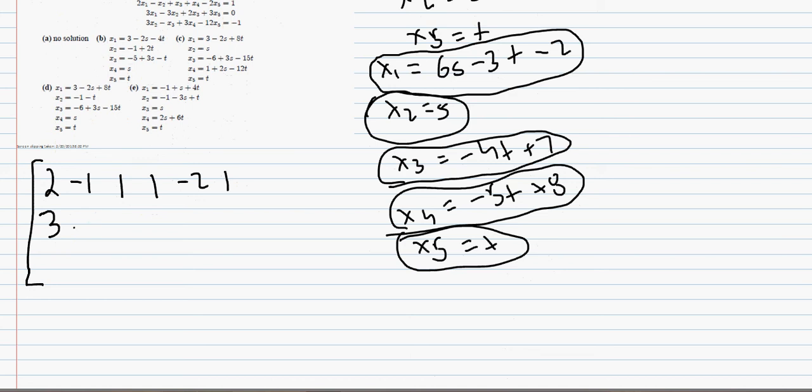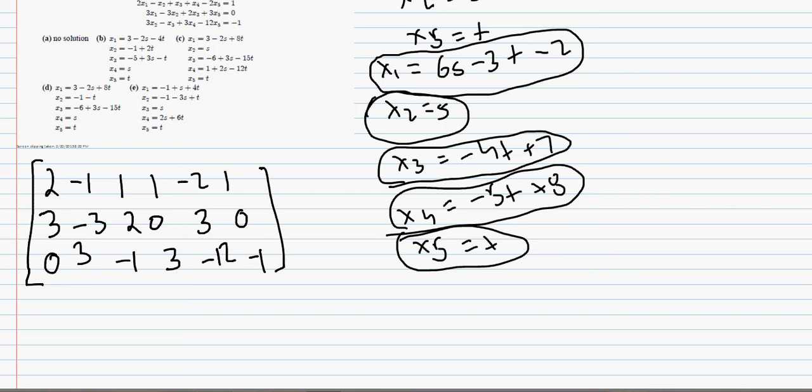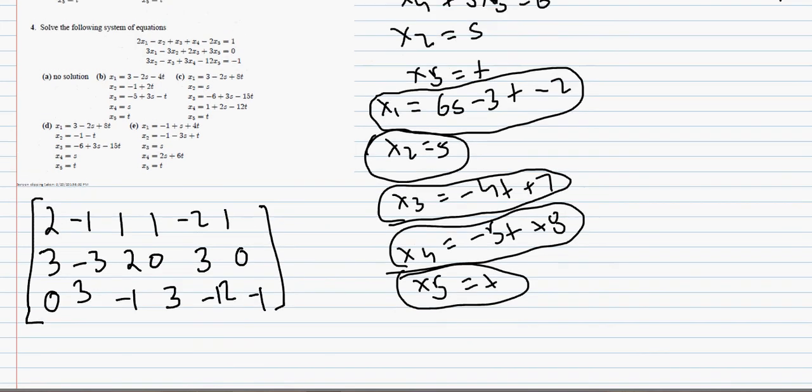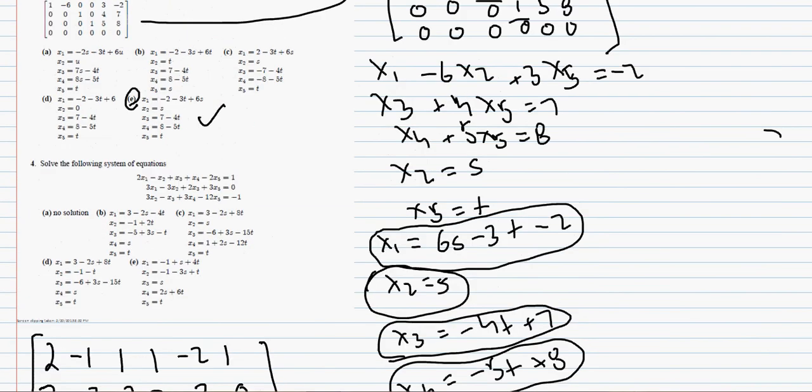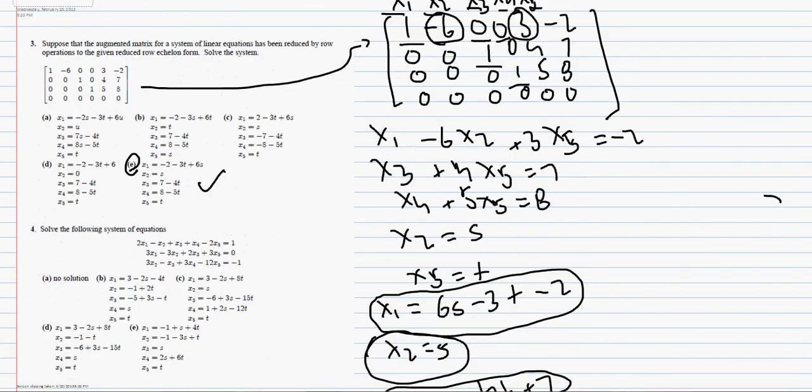We have 3, -3, 2, 0, 3, and then 0, and 0, 3, -1, 3, -12, and -1. They want you to figure out what the solutions of the following equations are. It's like doing the first part but backwards.